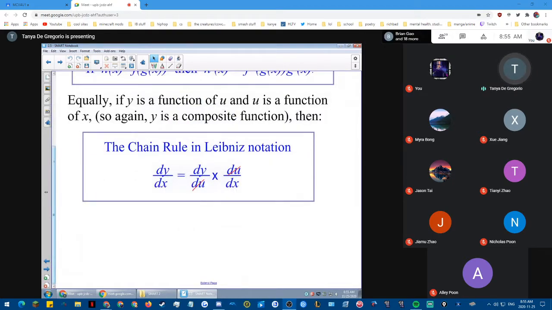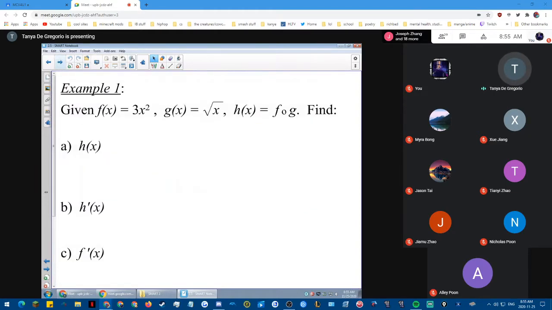So the derivative of y, but now with respect to u. So now your independent variable is u. And you're going to multiply by the derivative of u with respect to x. You're going to notice that the du's cancel, and that's why this is the derivative. Okay? You see how they're equal? Left-hand side equals right-hand side. It equals dy dx. Again, you'll understand it when you see it through example.